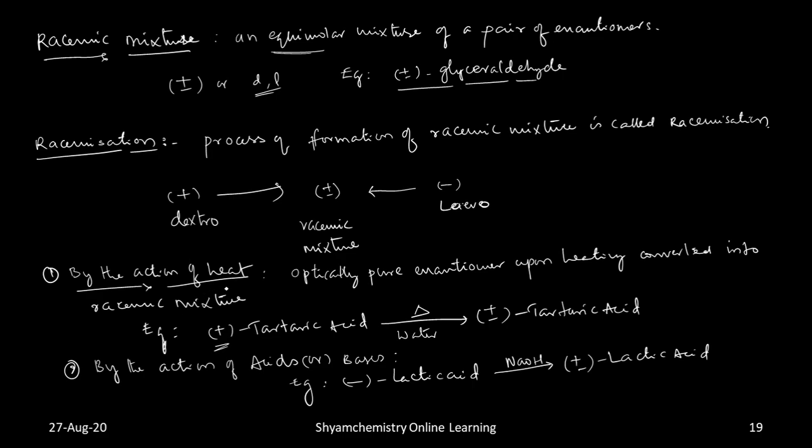Or take an optically pure compound solution, heat it, and you will get a racemic mixture. Okay, with the action of acids or bases, an optically pure compound is converted into a racemic mixture.